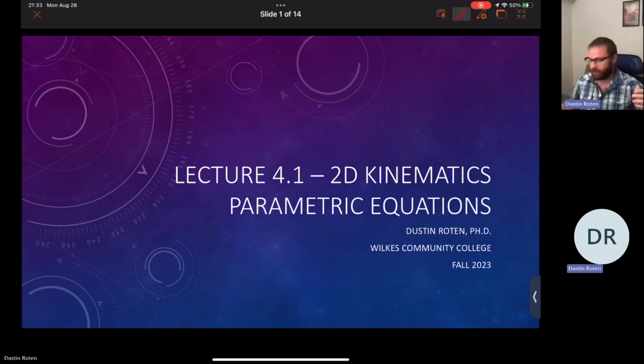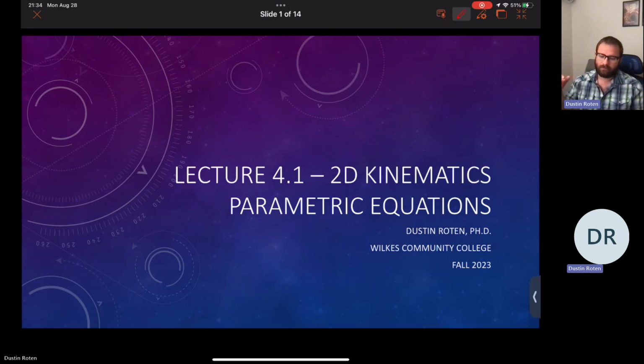So it took me a little while to decide exactly how I wanted to approach this topic. The textbook, Physics for Scientists and Engineers by Randall Knight, hints at parametric equations and then moves on.